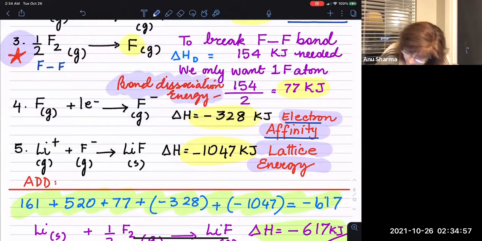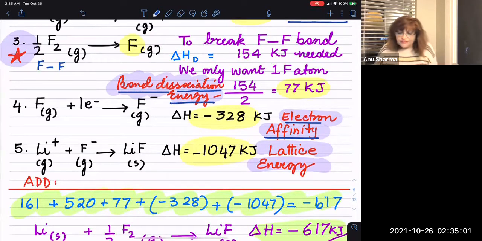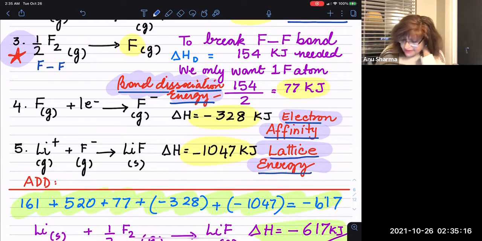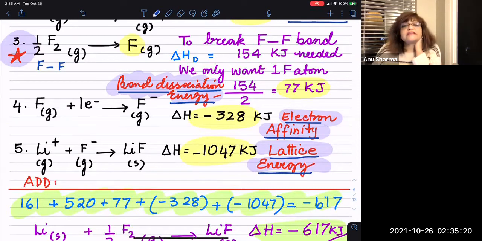Which one was that? After that, when fluorine has acquired a negative charge, it combines with the lithium plus charge in the gaseous state and the fluoride minus charge in the gaseous state, and it forms lithium fluoride. So basically this is the lattice energy, which maintains that every lithium is surrounded by 6 fluorines and every fluorine is surrounded by 6 lithiums.